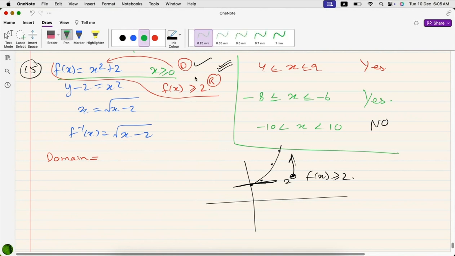So for the inverse, whatever was the range is now the domain. So x is greater than or equal to 2. What was the range is now the domain. And you can also see that this would satisfy it because you cannot have a value less than 2, or else it would be a negative answer.